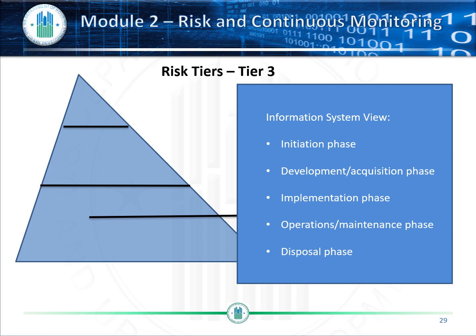All information systems, including operational systems, systems under development, and systems undergoing modification, are in some phase of the system development lifecycle. In addition to the risk management activities carried out at Tier 1 and Tier 2, risk management activities are also integrated into the system development lifecycle of organizational information systems at Tier 3.